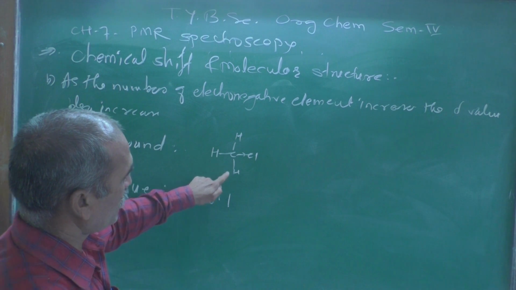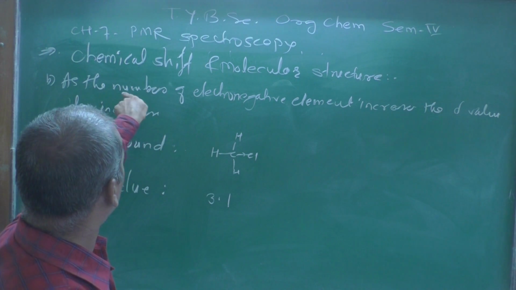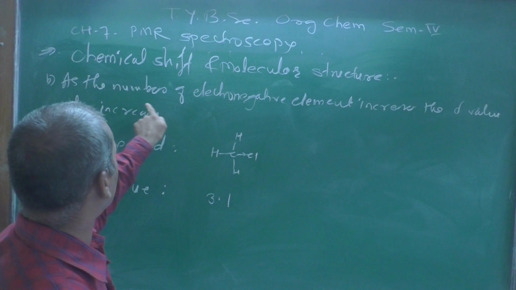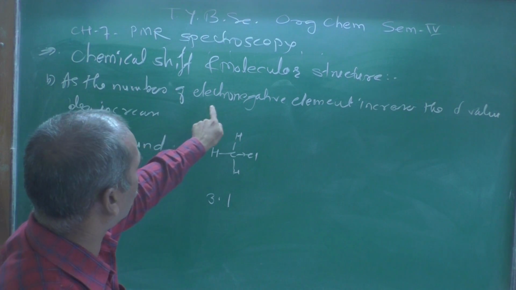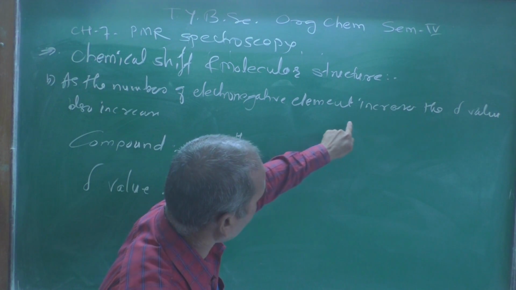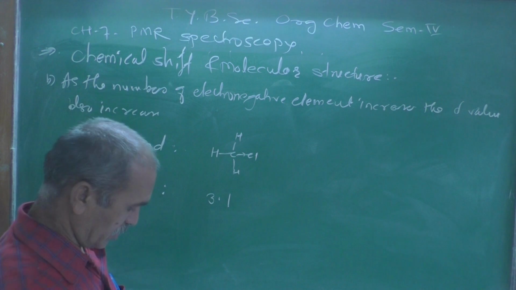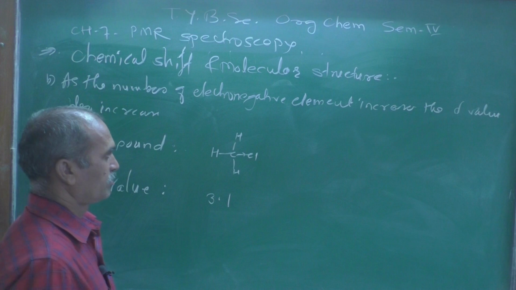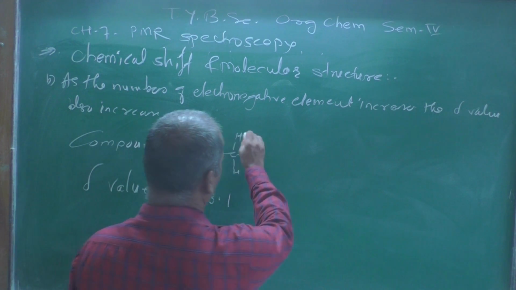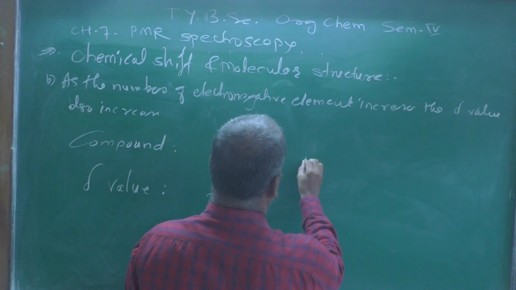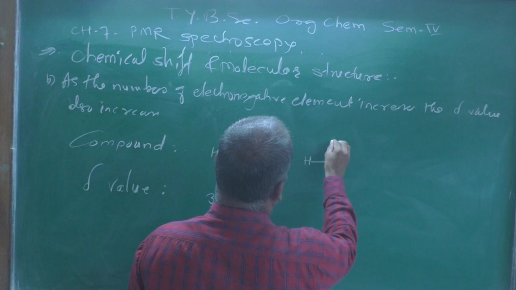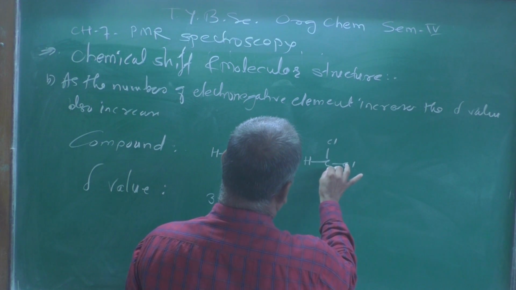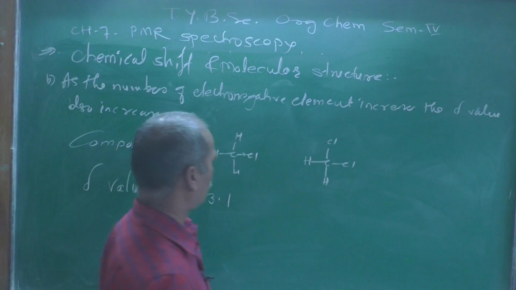Now, according to our sentence, as the number of electronegative elements increases, the delta value also increases. Let's say I am replacing another hydrogen atom here by a chlorine atom, the same atom.